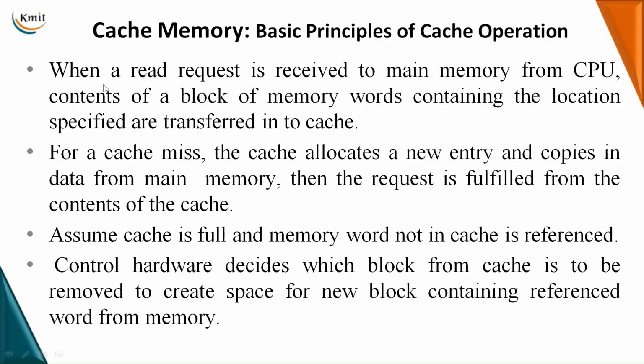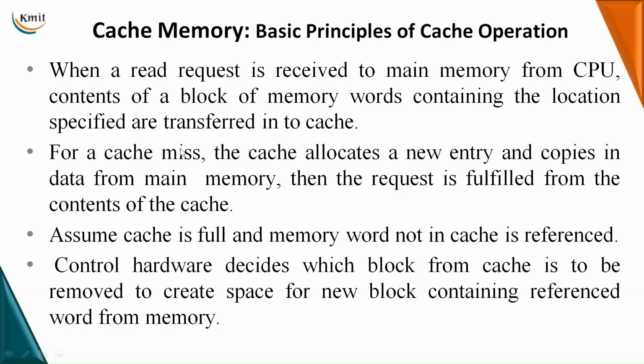Whenever a read request is received by the main memory from the CPU, the main memory transfers the contents of that particular block of words. As we know, the block contains a set of words. So whichever block contains the word requested by the CPU will be transferred into the cache.